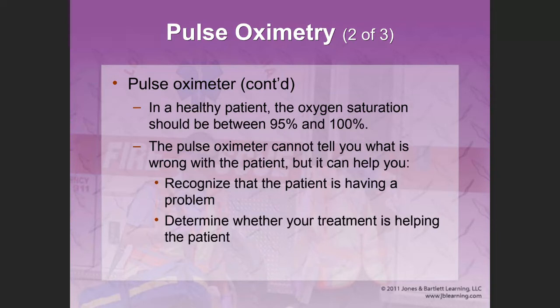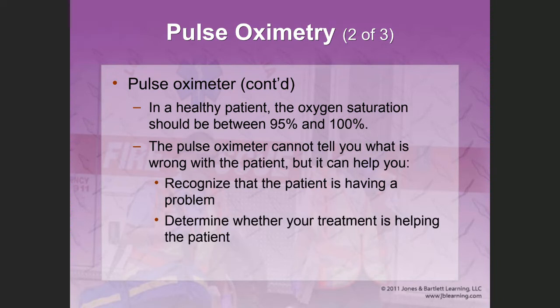Now, in a healthy patient, the oxygen concentration should be between 95 and 100%. The pulse oximeter cannot tell you what is wrong with the patient, but it can help you. Again, the pulse oximeter cannot tell you what the issue is. Your assessment skills will be what determines that. So don't treat your pulse ox, treat the patient.